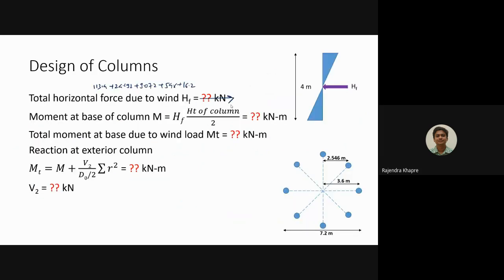How much is this horizontal force now? 217.46. Someone please cross check this.